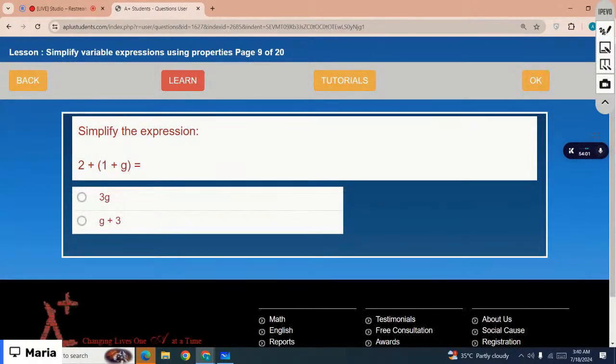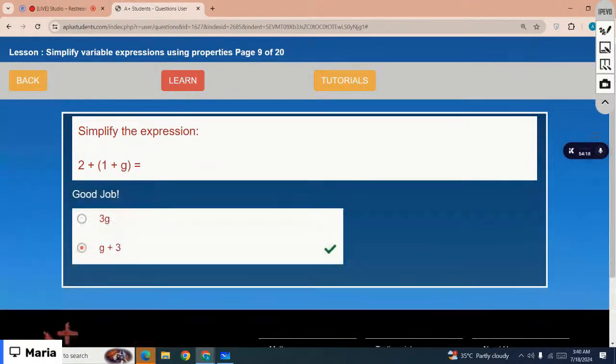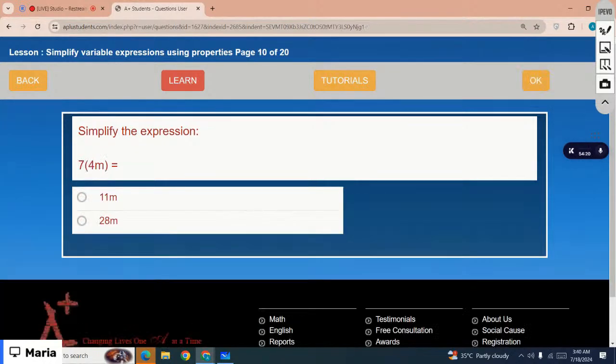Simplify the expression, which is the correct option. That is g plus 3, and that is the correct option. Okay, simplify the expression 7 times 4. Yes, 28.